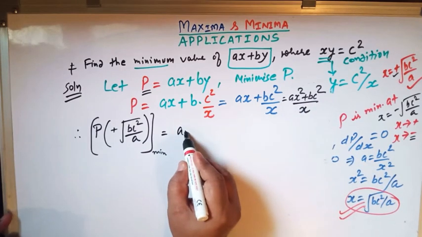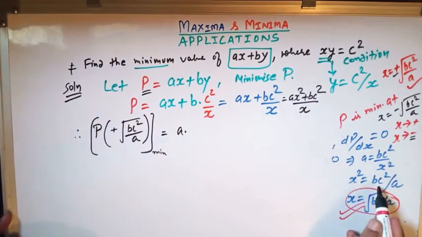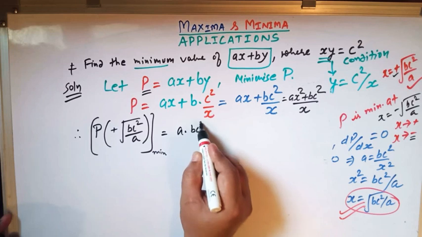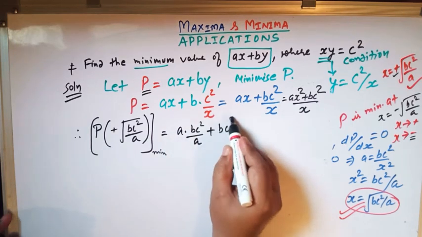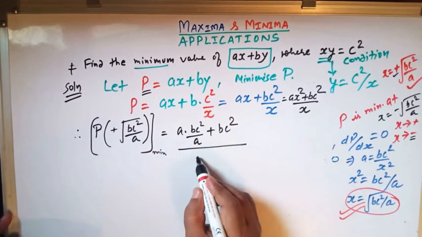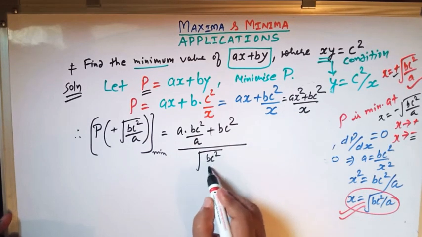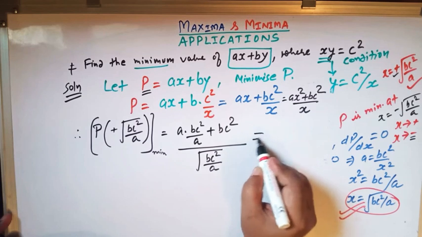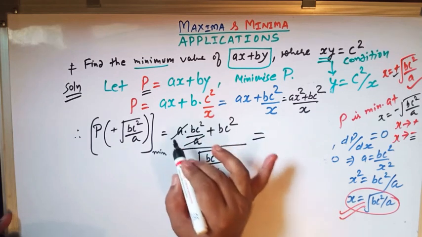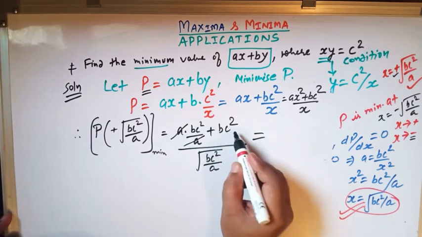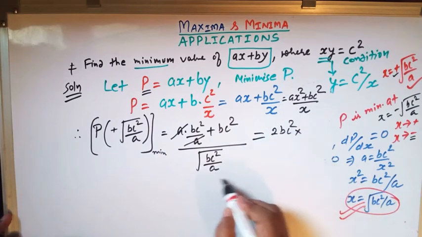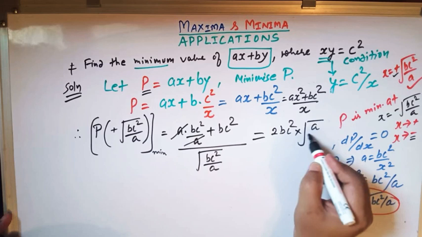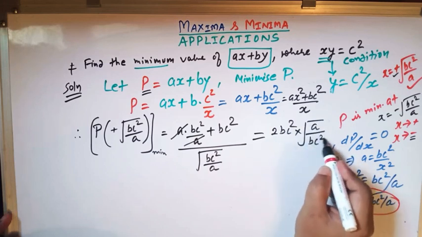So we have a times x square, which is bc square over a, plus bc square, divided by square root of bc square over a. Here a and a get cancelled, so we have bc square plus bc square, 2bc square, multiplied by a divided by bc square.